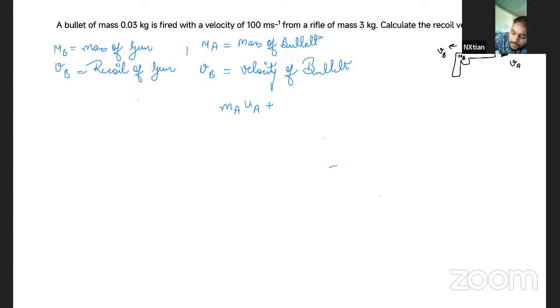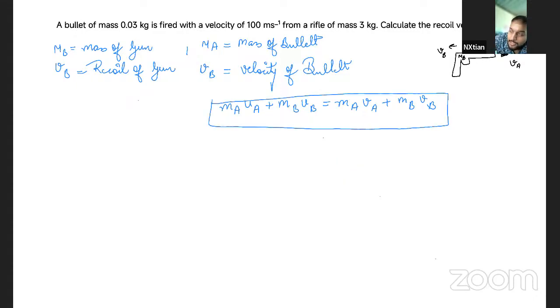MA UA plus MB UB is equal to MA VA plus MB VB. Now this is the formula. Okay, this is the formula that we have to use. So first of all, we have to find out what MA, MB, UA, UB are, like this. Okay.